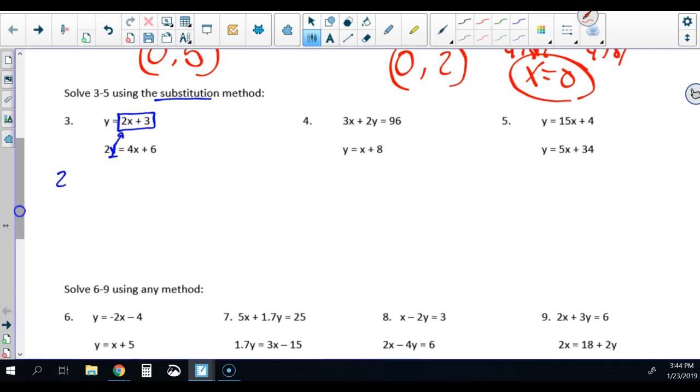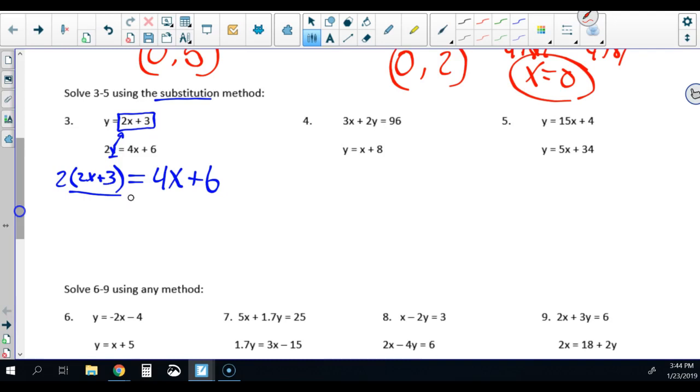I'm going to say 2 times y. Instead of putting in y, I'm going to put in 2x plus 3, equals 4x plus 6.